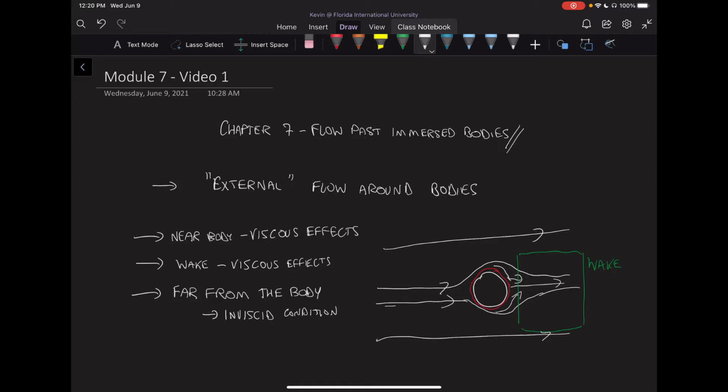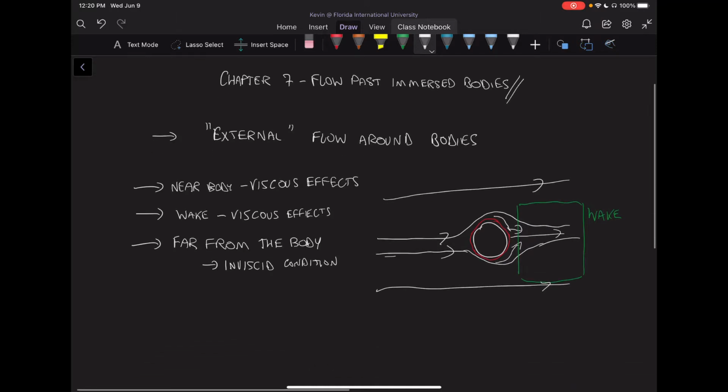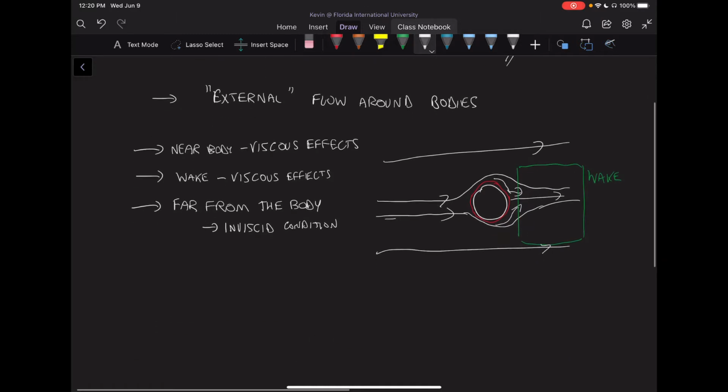Okay, now the big difference between internal flows such as our pipe flows in Module 6 and flow past immersed bodies or external flows is that we can say that external flows are unconfined and free to expand.